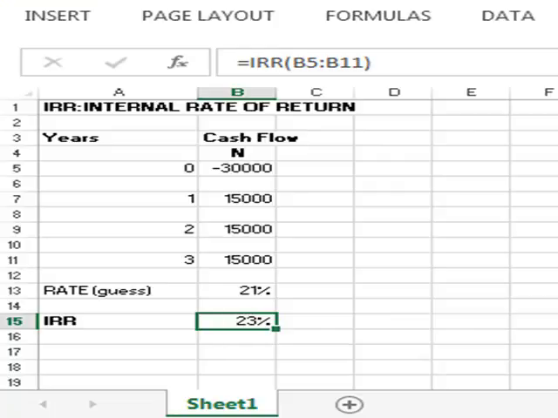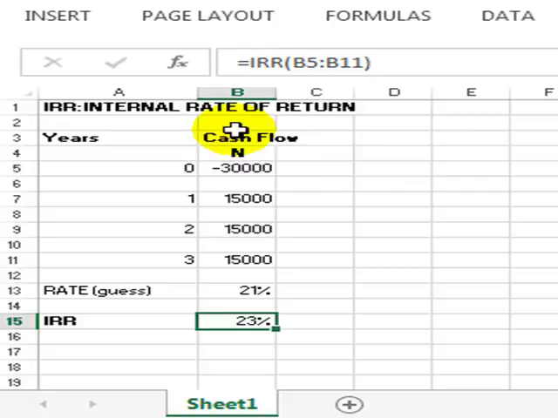Then the other question says, is this project economically viable or not, given the prevailing interest rate of 21%? That's the interest rate is 21%. In other words, the cost to raise this fund of 30,000 naira is 21%.